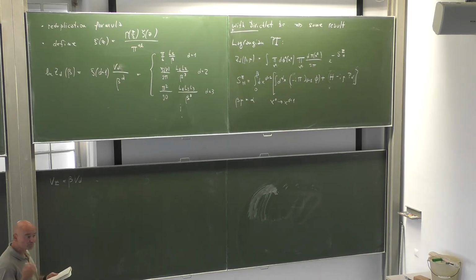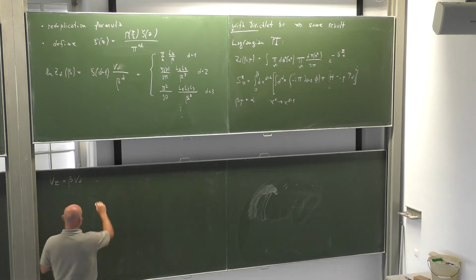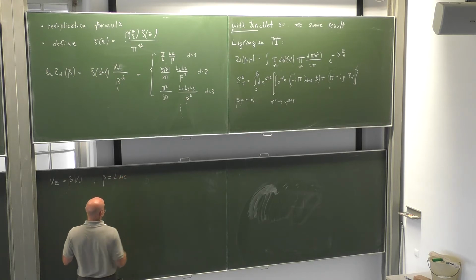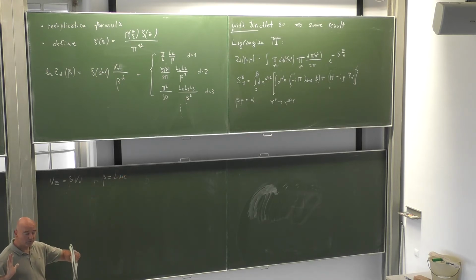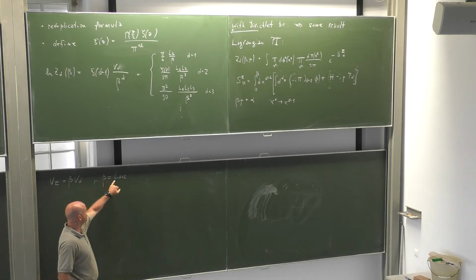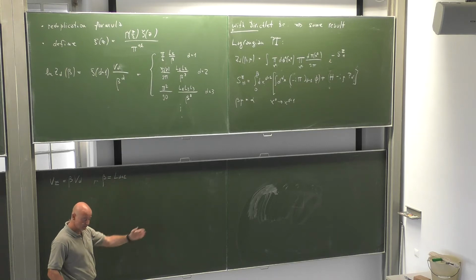So there is a space-time volume. And if you want to think of them in a unified way, with periodic boundary conditions in all directions, you can also think of beta as L_{d+1}, because it's the periodic condition in this additional direction.